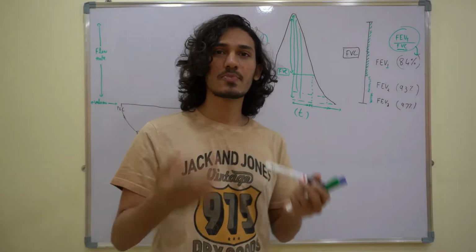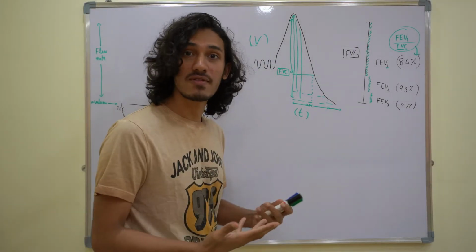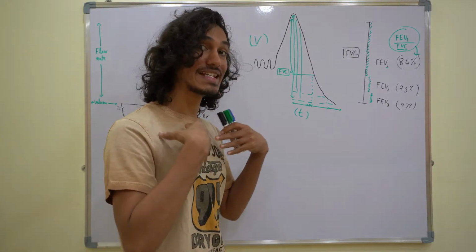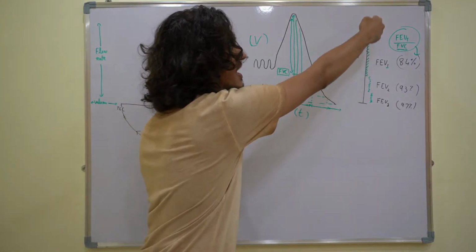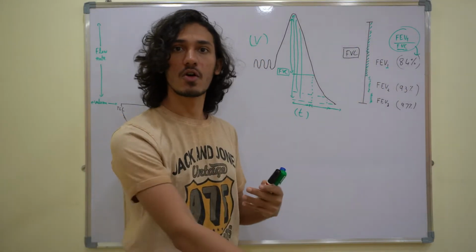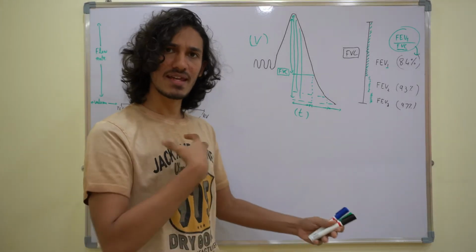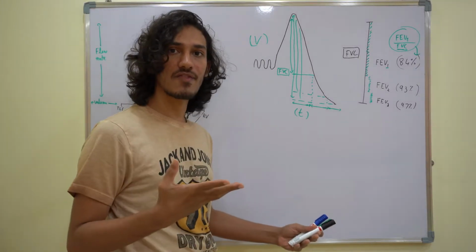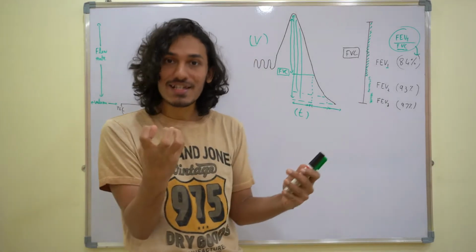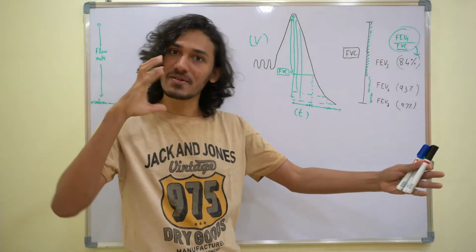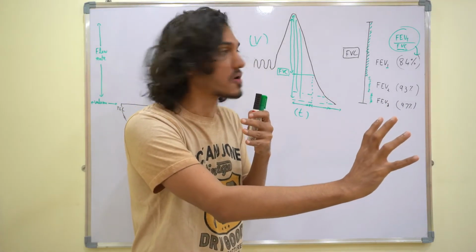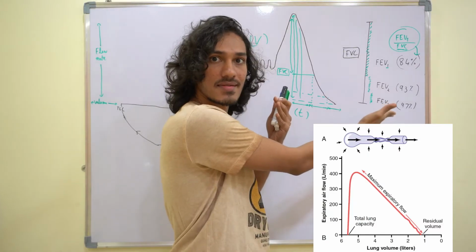Let's think about expiration. Try expiring as forcefully and as fast as you can. Initially we had seen how in the first second 84% of the volume is gone. That means that initially there is a very fast flow rate, but later the critical closing volume comes and the airways start collapsing and the flow rate decreases, and we can see it from this.